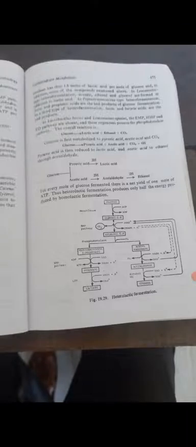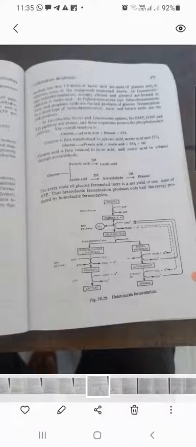For every molecule of glucose fermented, there is a net yield of 1 mole of ATP, and thus heterolactic fermentation produces only half of the energy of homolactic fermentation.